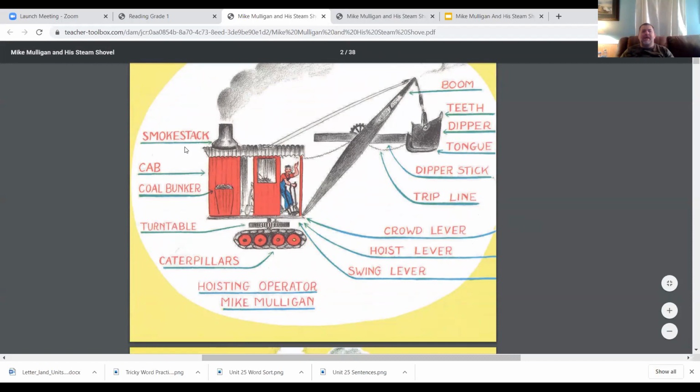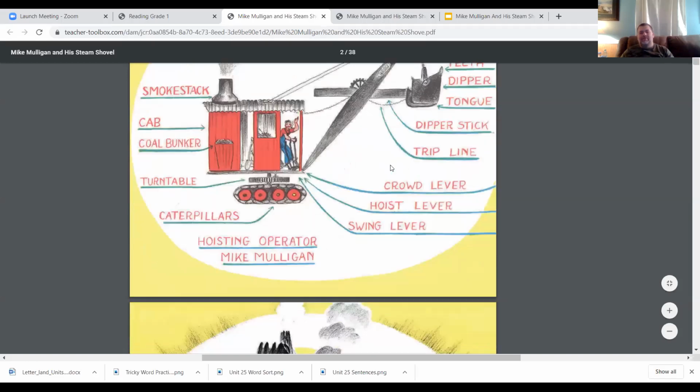We have the smokestack, the cab, the coal bunker, the turntable, caterpillars, hoisting operator, Mike Mulligan, boom, teeth, dipper, tongue, dipper stick, trip line, crowd lever, hoist lever, swing lever.